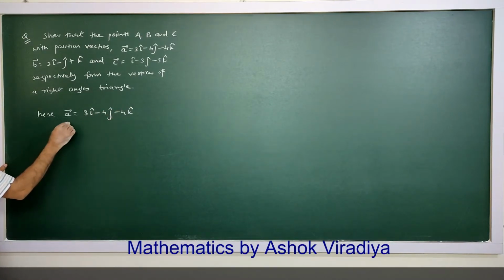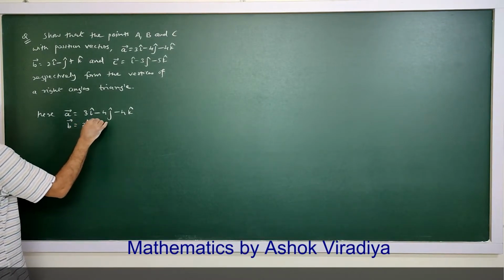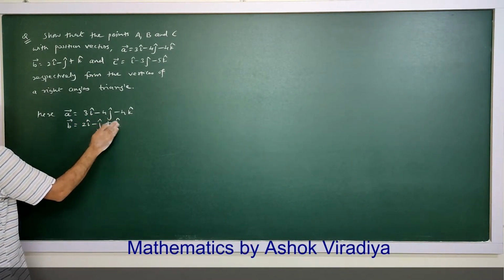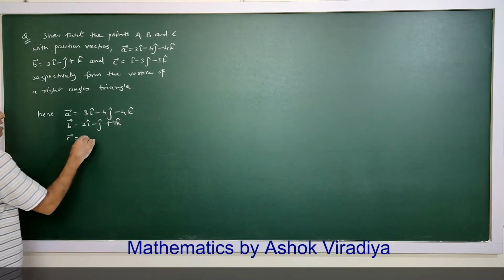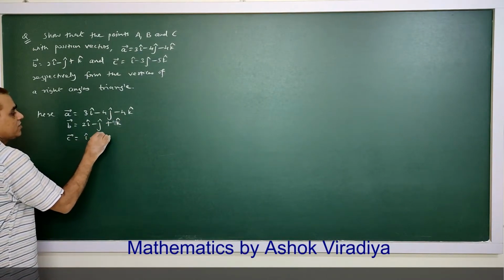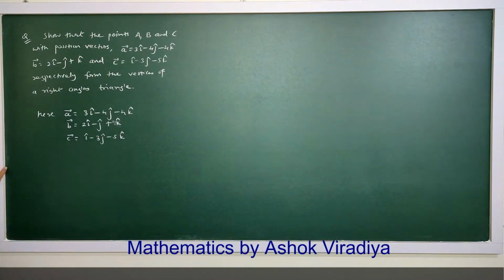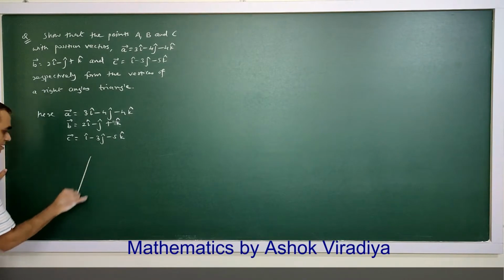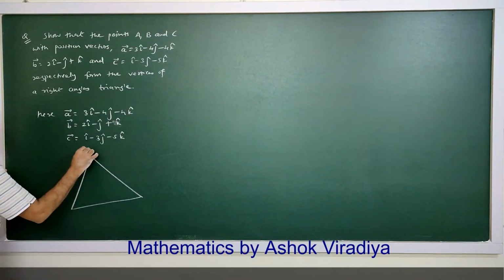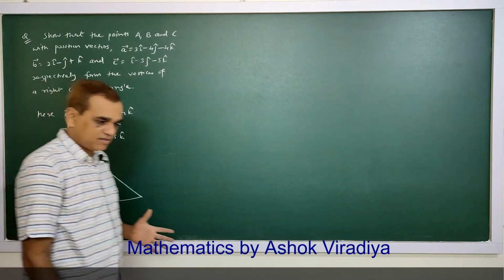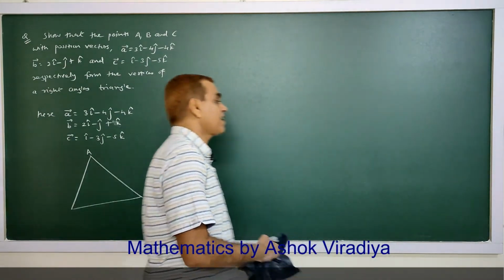Vector B is 2i minus j plus k. And vector C is i minus 3j minus 5k. And these are the position vectors of the vertices of a triangle.